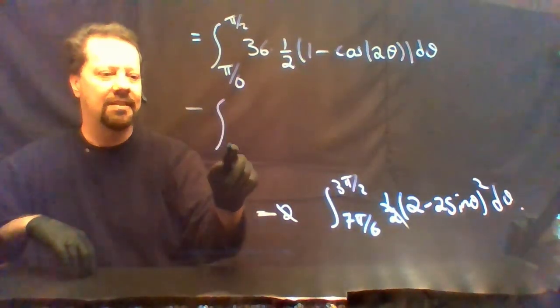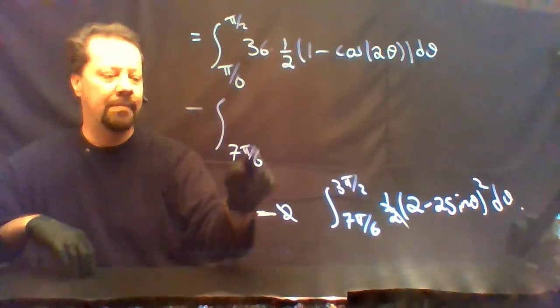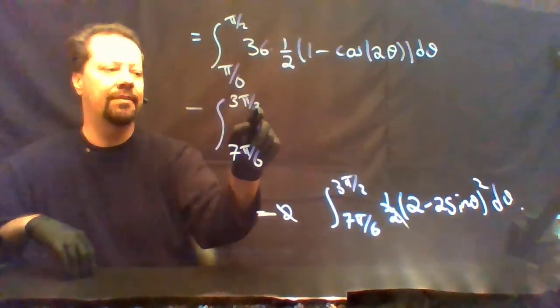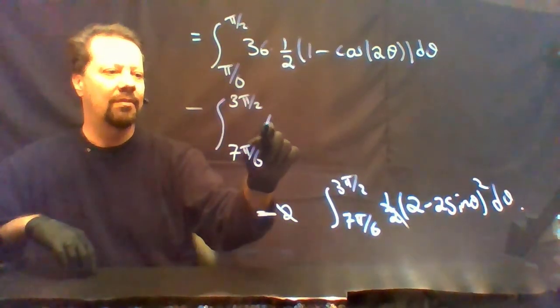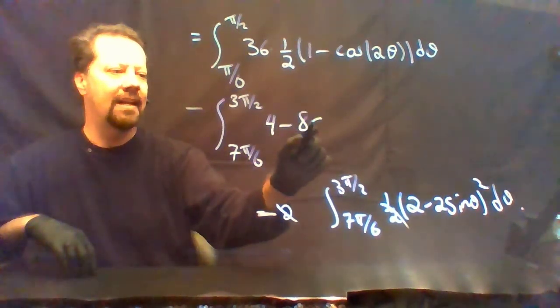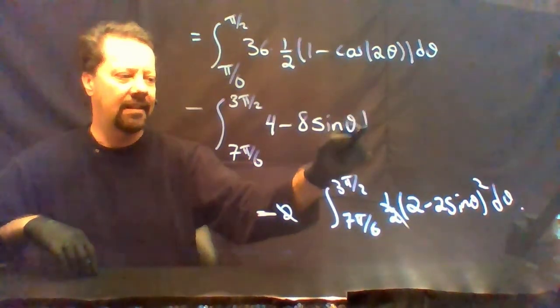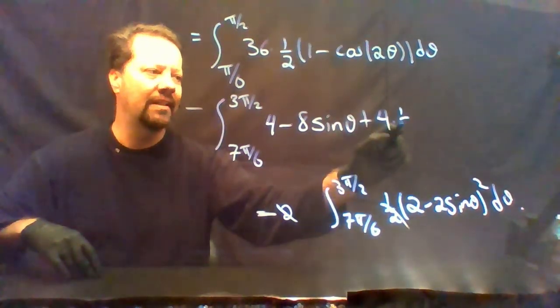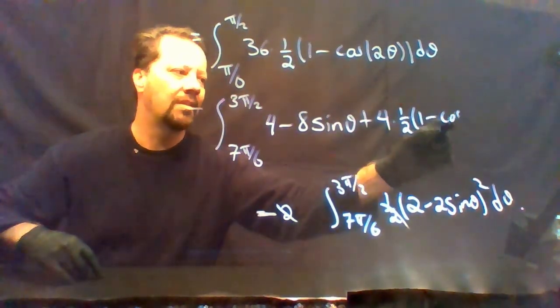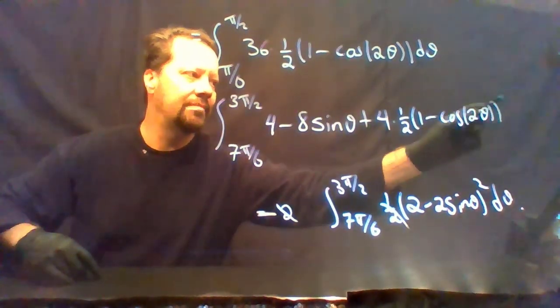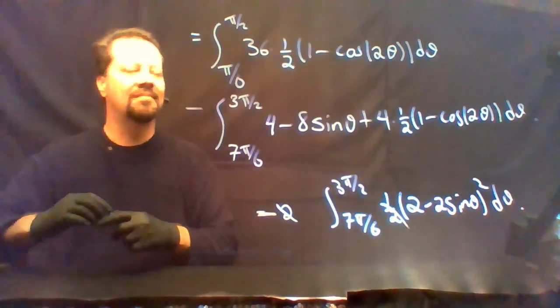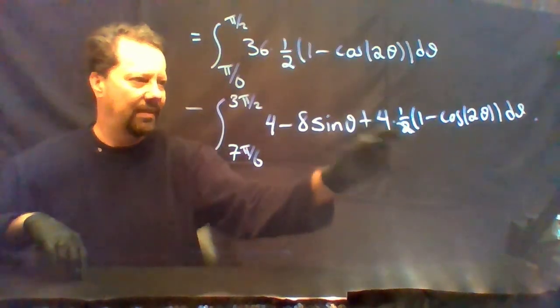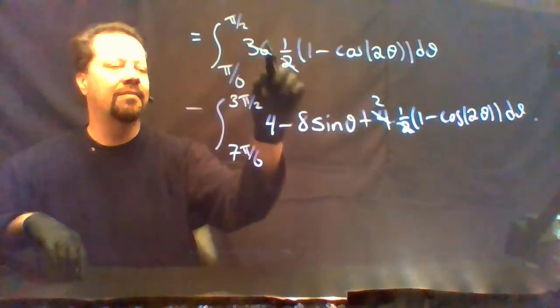The second integral is still from 7 pi over 6 to 3 pi over 2. Foiling it out, we'll have 4 minus 8 sine theta plus 4 sine squared theta, which again is 1/2 1 minus cosine 2 theta. We get a little bit of cancellation here.